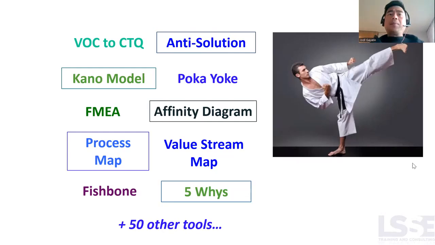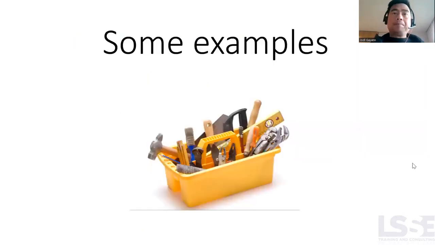So these are some of the tools that the Lean Six Sigma toolkit has. For example, we have the VOC to CTQ, the anti-solution, Poka-Yoke, value stream map. These are just some of the tools that you will encounter when you study Lean Six Sigma.